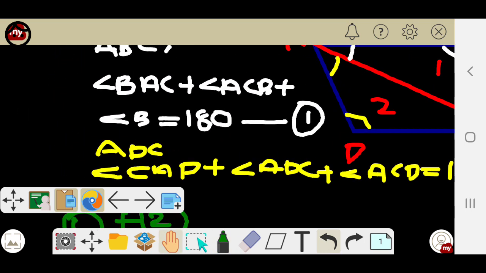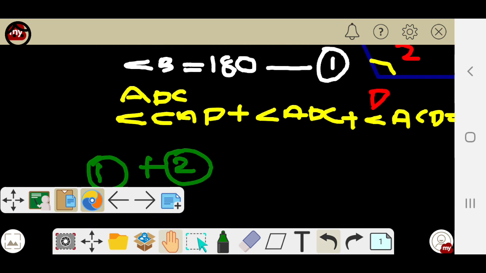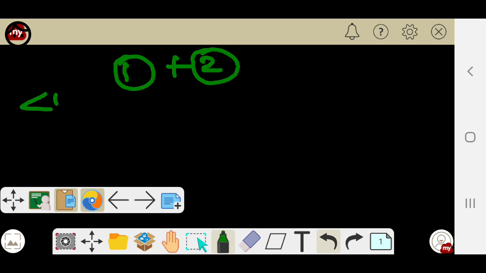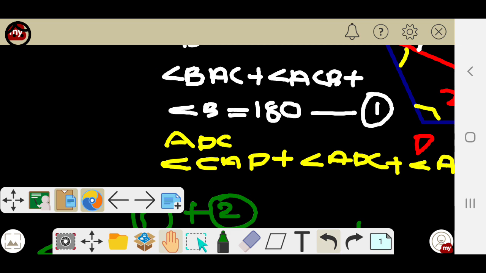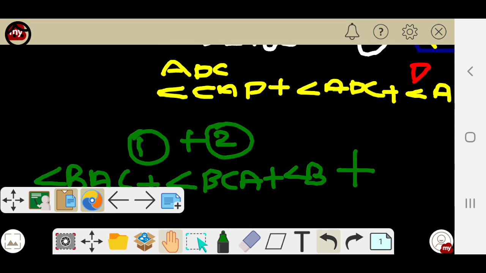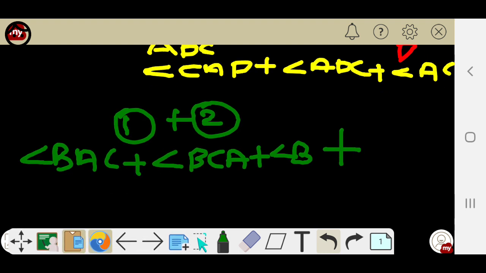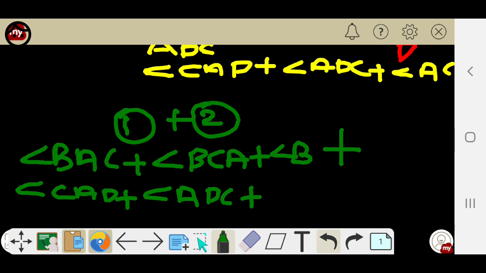What are the LHS? Angle BAC plus angle BCA plus angle B, that is the LHS of the first equation, plus the LHS of the second equation: angle CAD plus angle ADC plus angle ACD, equal to.